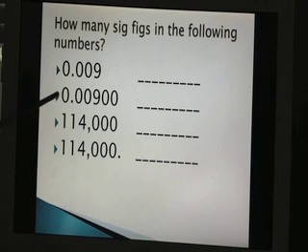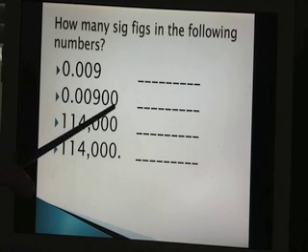Let's look at the second example, 0.00900. We're not going to count these leading zeros. We'll start counting at the 9. But what about the trailing zeros? We count them when a decimal is present. There's a decimal. We are going to count the trailing zeros.